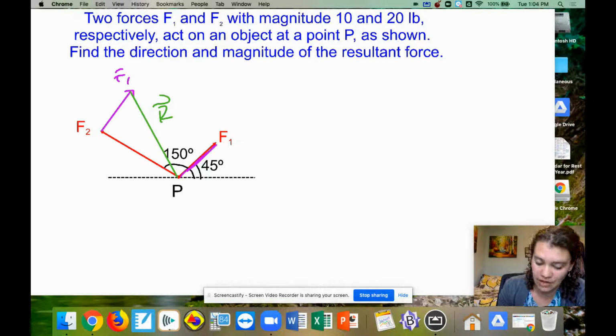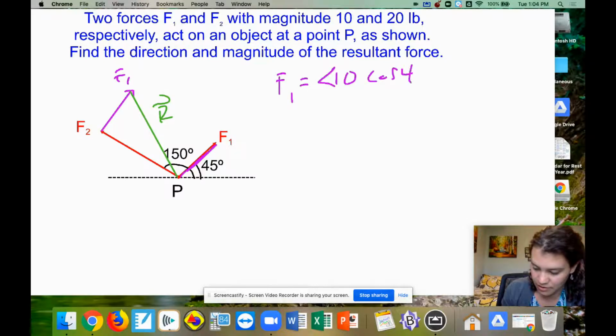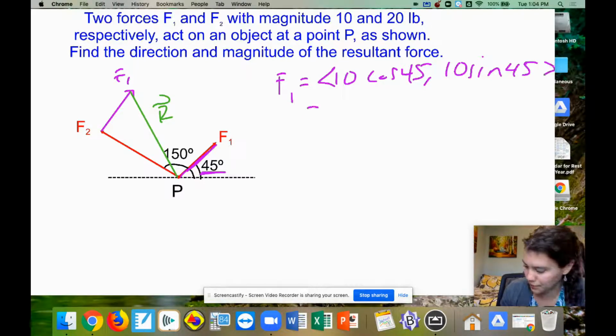So I need to write out the two different vectors first. So force 1 is going to be 10 cosine of 45, 10 sine of 45 because of this angle right here. And that will give you 7.07 and 7.07.